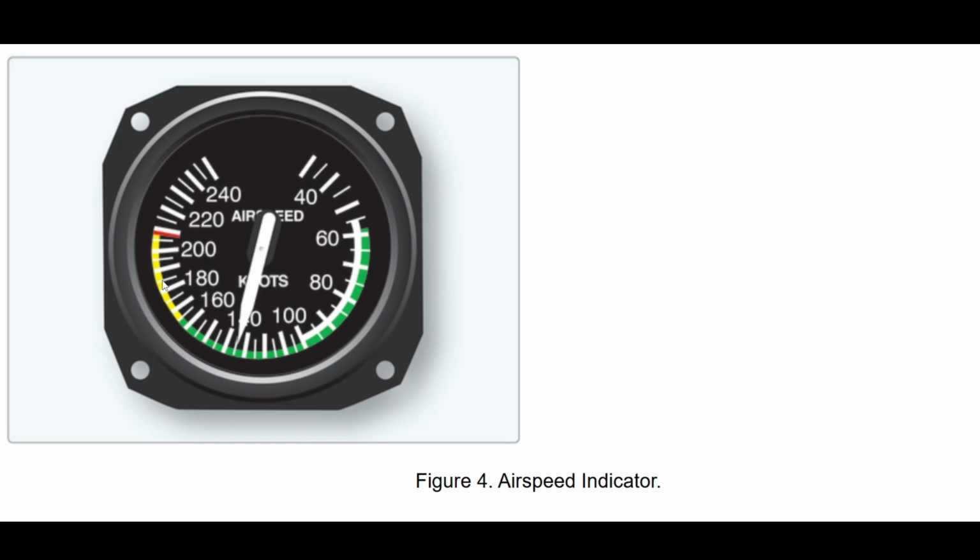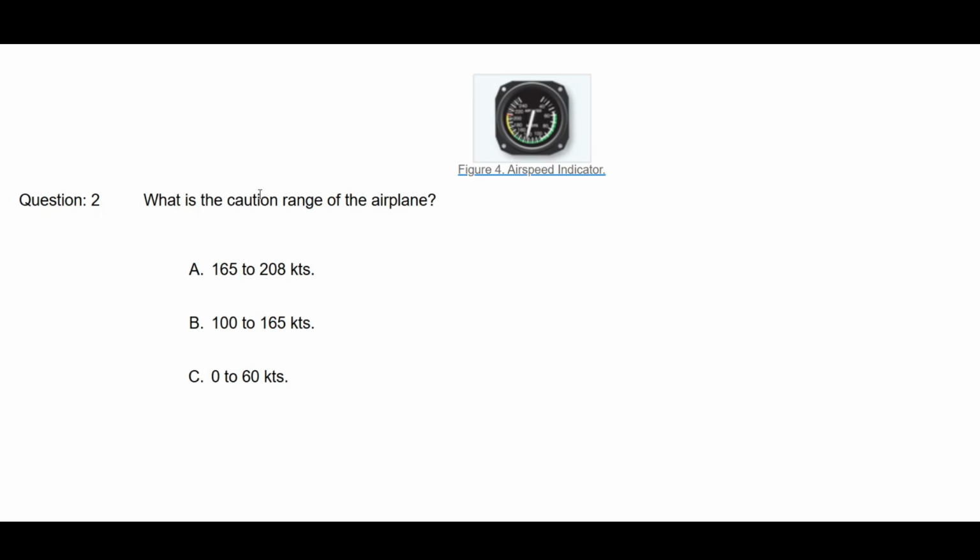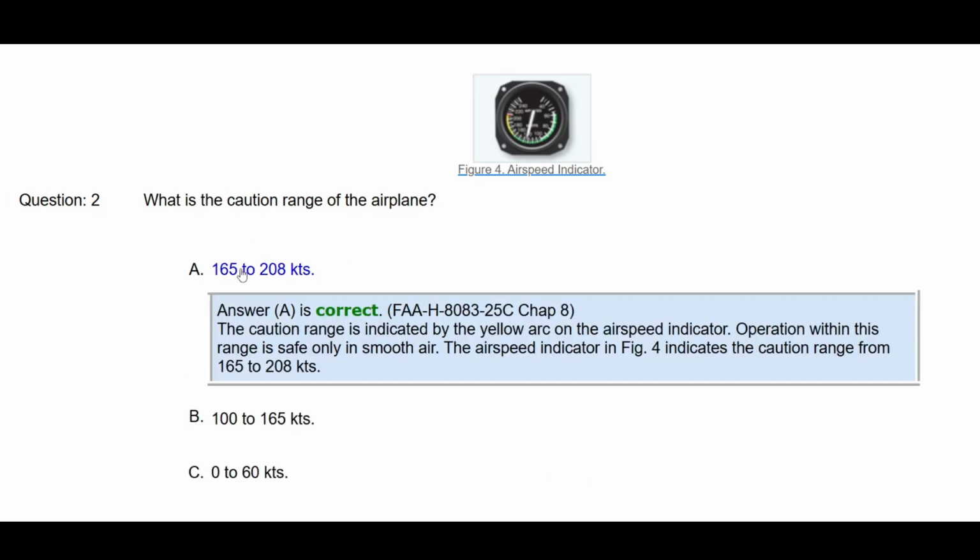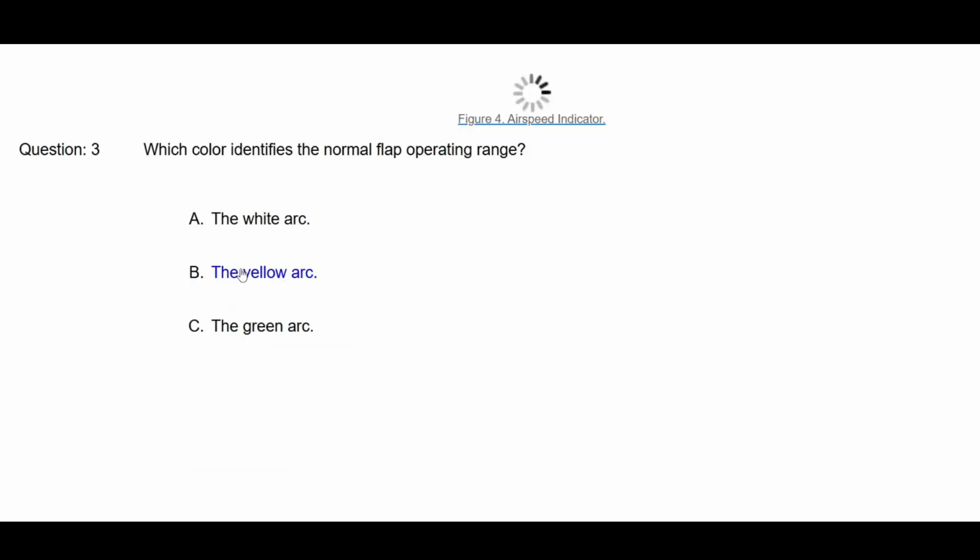And that's if your airplane can handle that given amount of speed without structural damage. So we see it begins over 160 and it ends over at 200. So the closest answer would be A, 165 to 208.